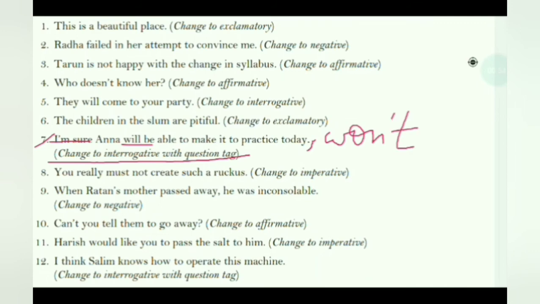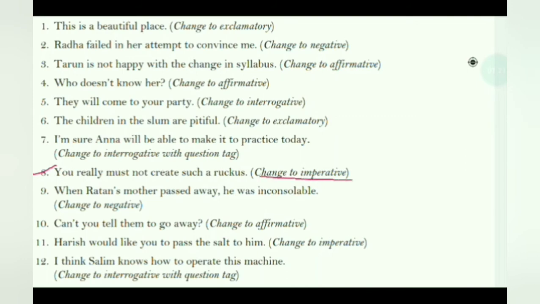And the pronoun for Anna, the subject's pronoun, would be "she." "Won't she?" and here comes the question mark. So here it becomes a question tag. Clear?